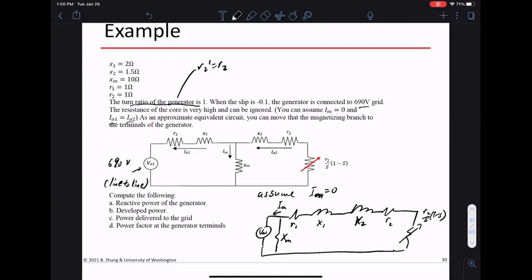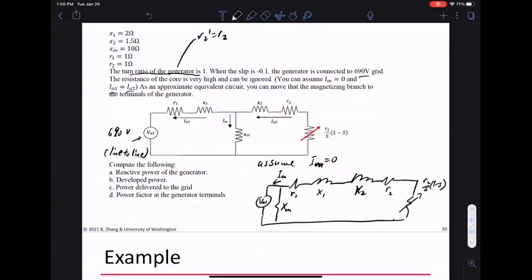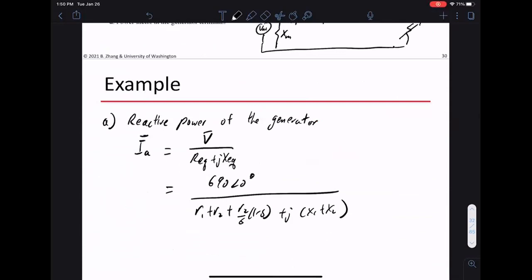It's line to line. When we compute the current, let's say this is the phase current, indexed by A. It basically says the current in phase A. So I cannot directly use 690 actually.